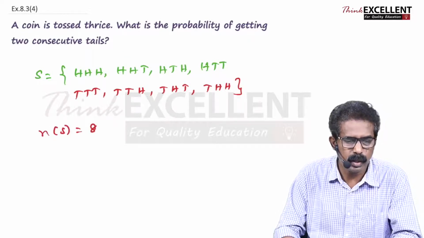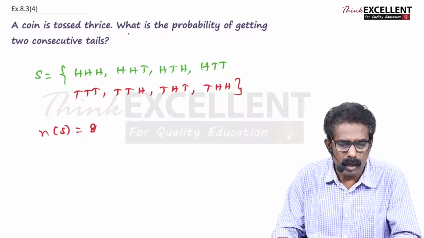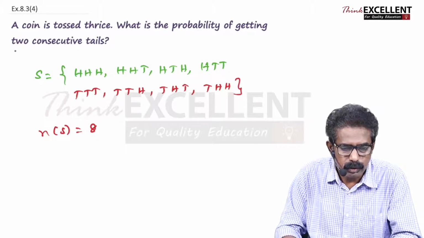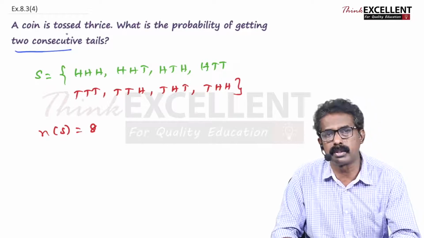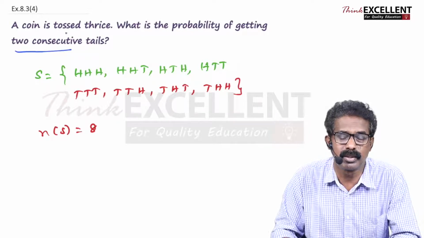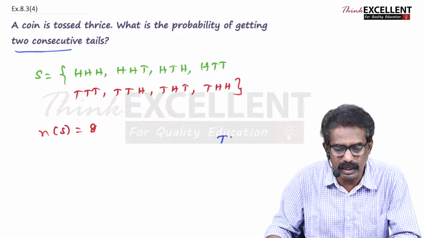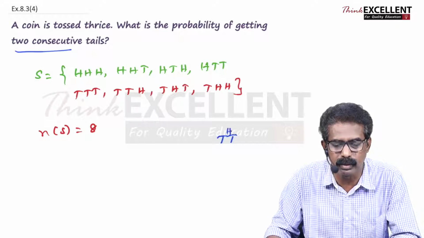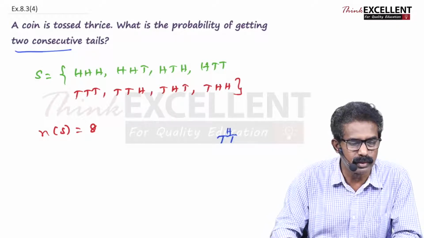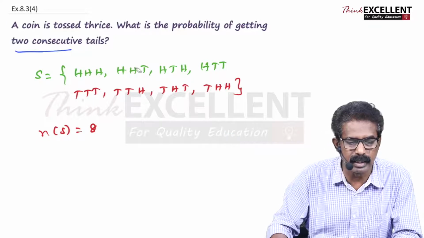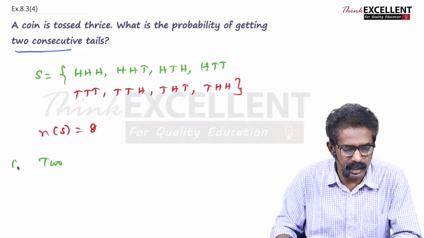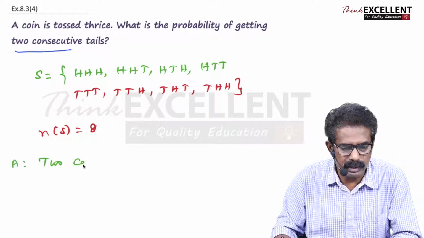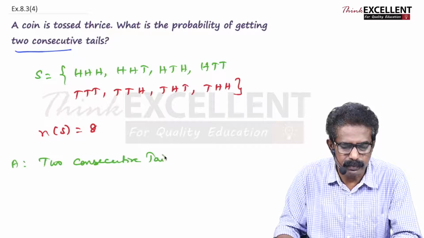So please listen here. So n of S is equal to what? 8. See what they asked here. What is the probability of getting 2 consecutive tails? 2 consecutive tails, what's the meaning? Continuously 2 tails should be there, in between no H, right? So let A stand for 2 consecutive tails.